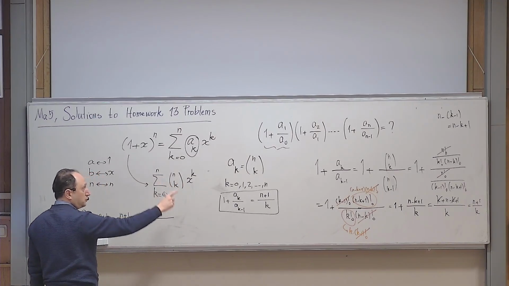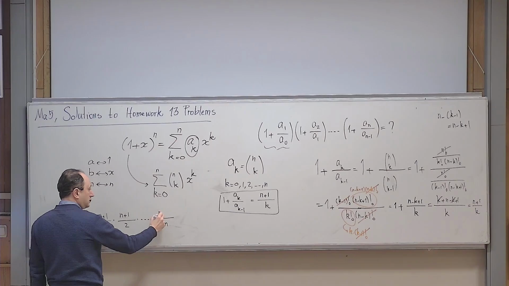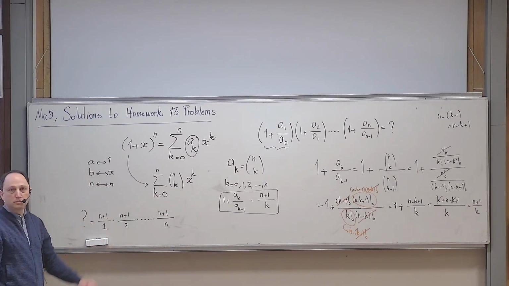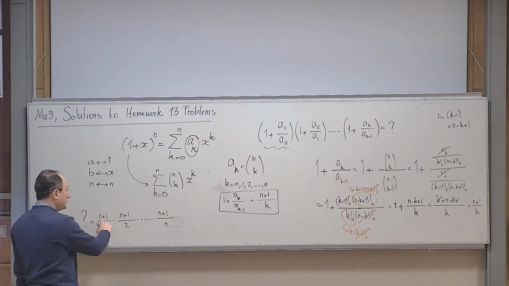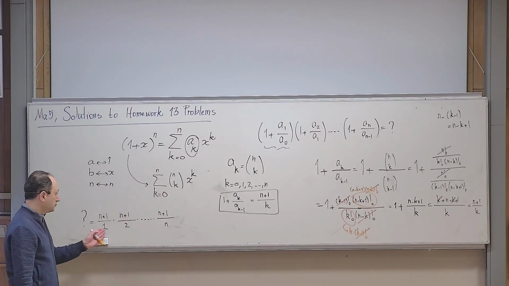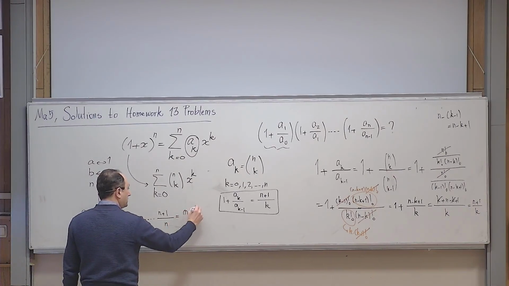The last one, which one is playing the role of k? N. So it goes n here, but what is the numerator? N plus 1. So you just need to multiply them. If you multiply the numerator, that is the same number being multiplied by itself. How many times? From 1 to n times. So it becomes (n plus 1) to the power n.